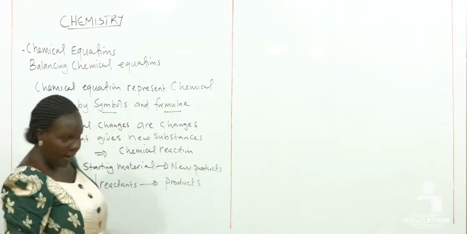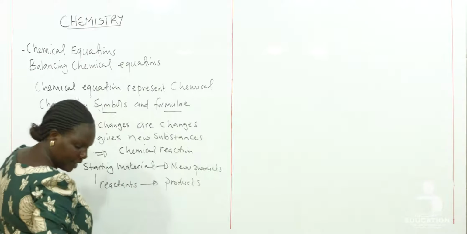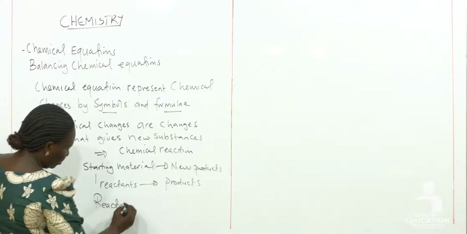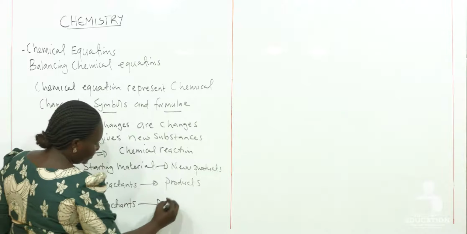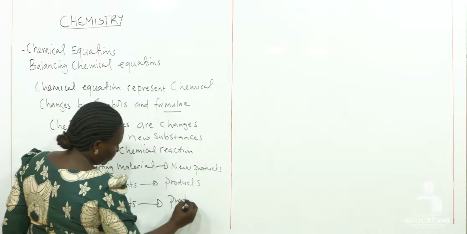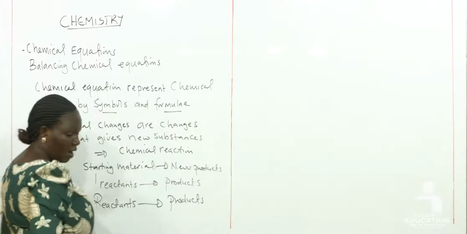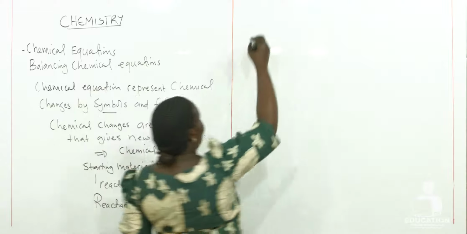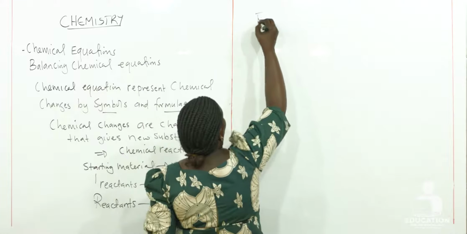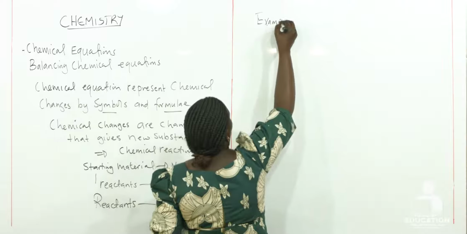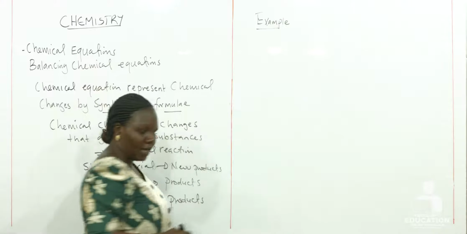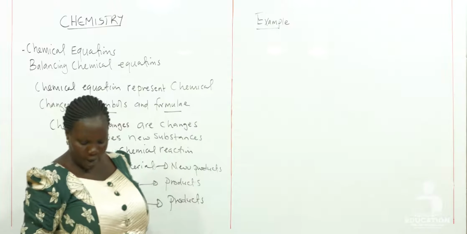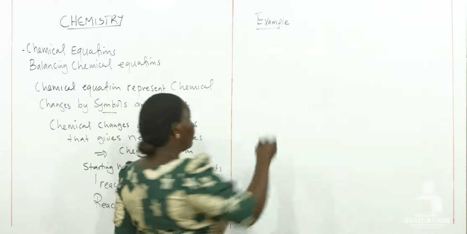So a chemical reaction can be simply represented as reactants giving us products. For example, let us look at an example of a chemical change or chemical reaction.